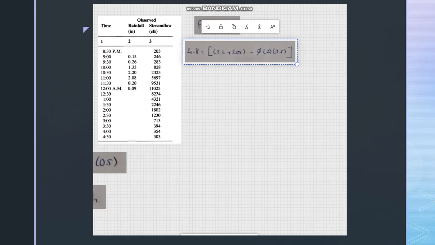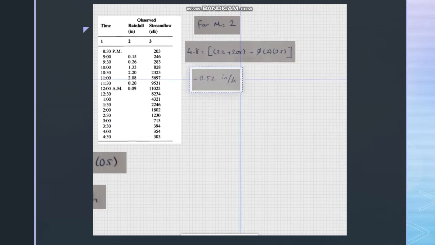When we solve this equation, our phi index is gonna come out minus again, minus 0.52 inch per hour. That means m equal to 2 is impossible. So we need to jump.